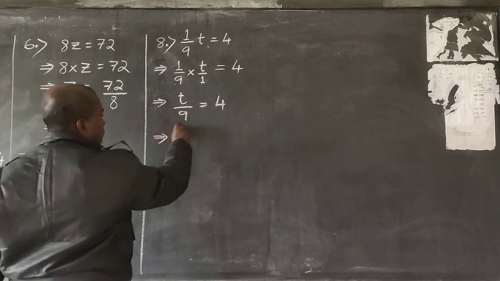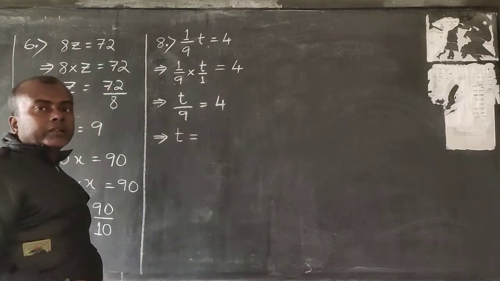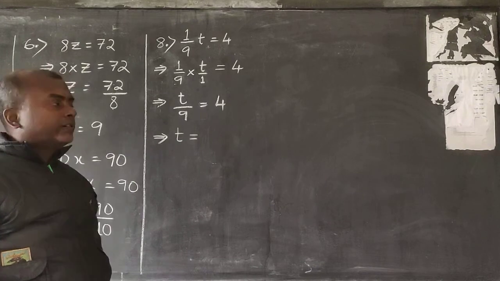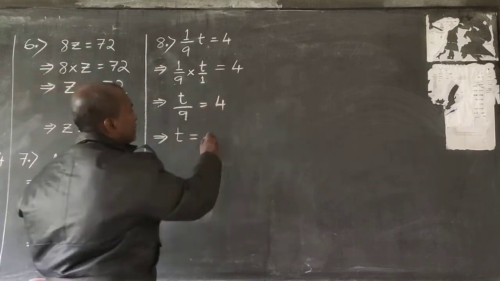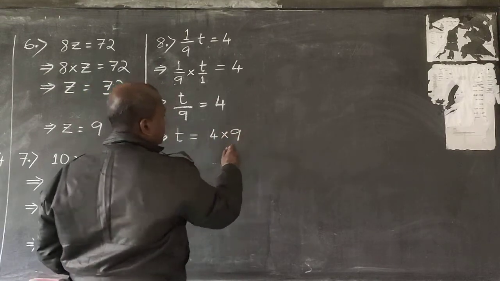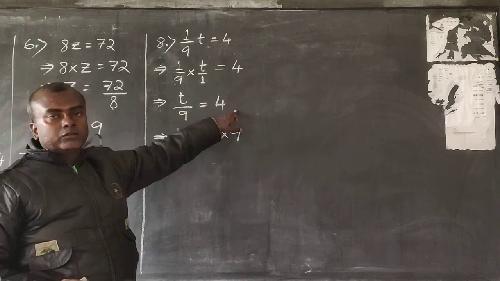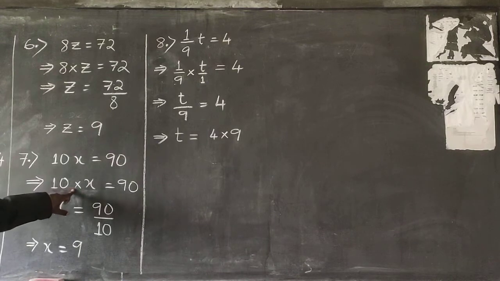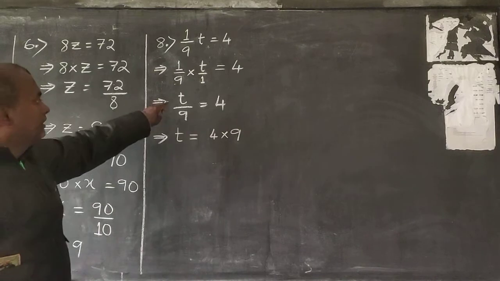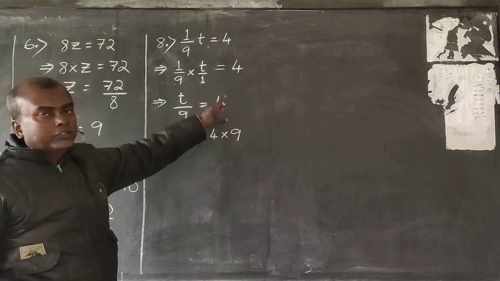So to isolate t, divided by 9 will go on the other side and become multiplied by 9. In other words, from denominator position it goes on the other side in numerator position. See in this one, in multiplication, from numerator it goes to denominator. But when there is division, then from denominator position it goes to numerator.